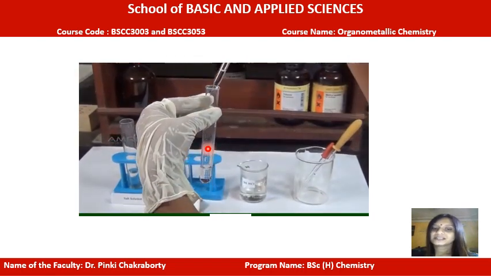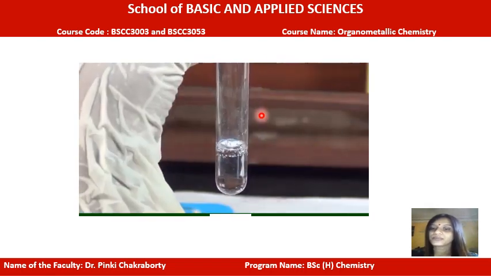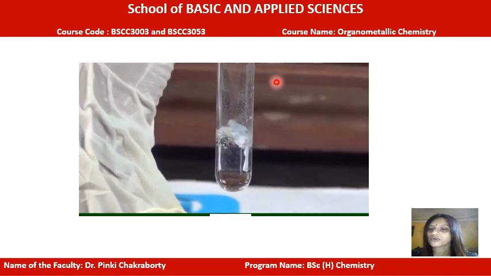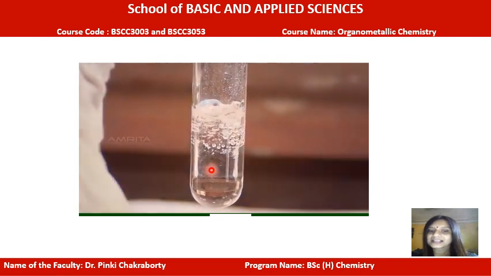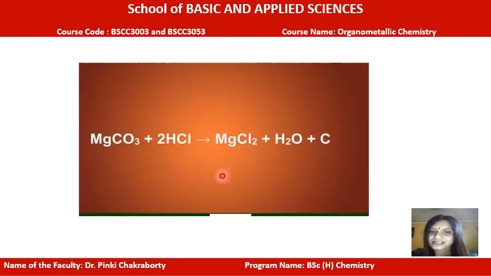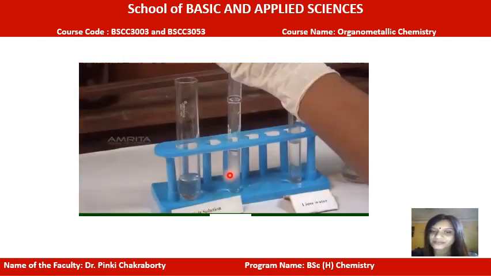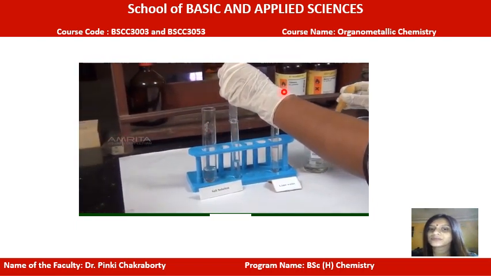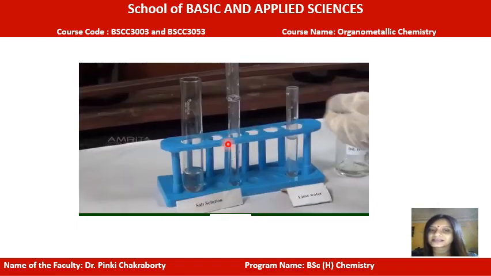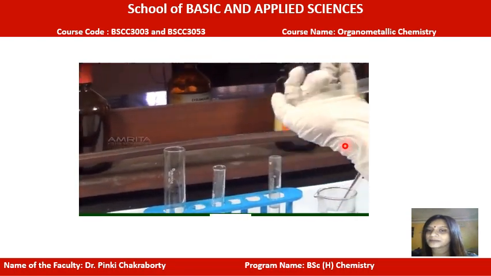We take the test tube and add the aqueous solution of the carbonate containing salt. To that, we add dilute hydrochloric acid. See the formation of brisk effervescence. This is due to the evolution of carbon dioxide gas.